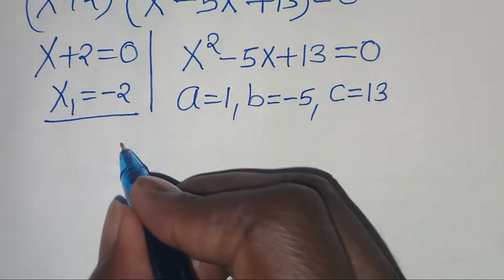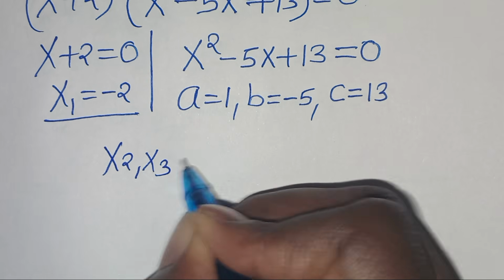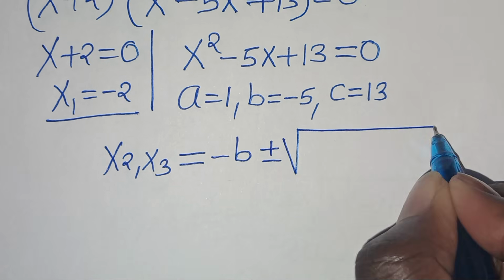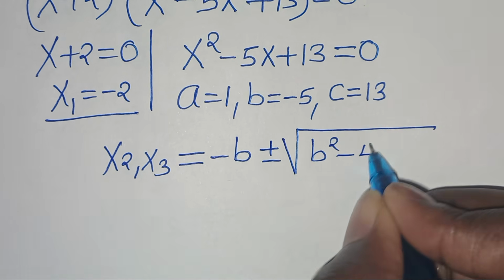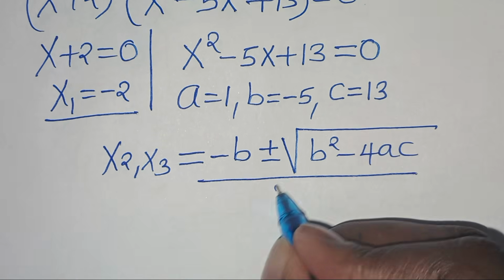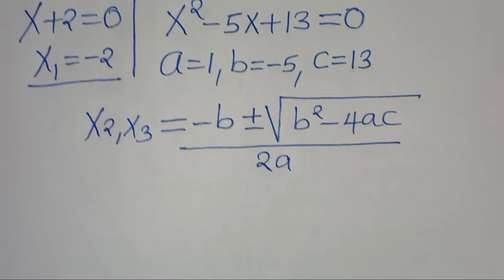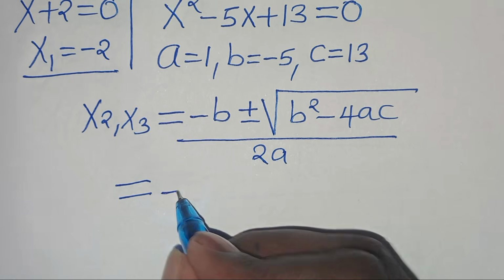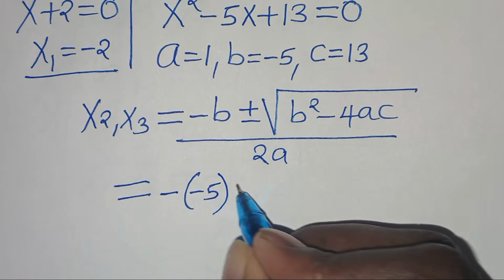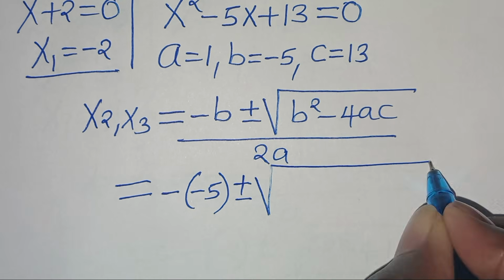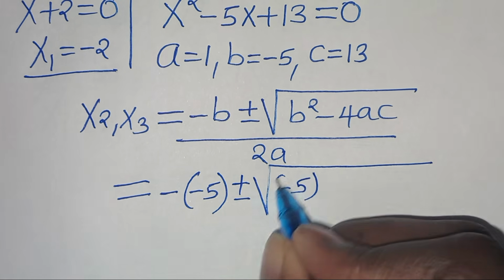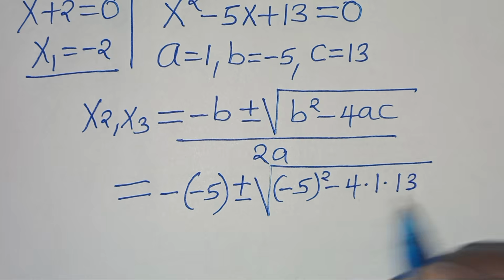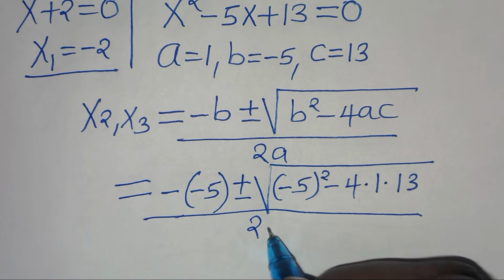Now we can solve for x2 and x3 by applying the quadratic formula, which is x = (−b ± √(b^2 − 4ac)) / 2a. Let's substitute the values of a, b, and c: x = (−(−5) ± √((−5)^2 − 4 × 1 × 13)) / (2 × 1).